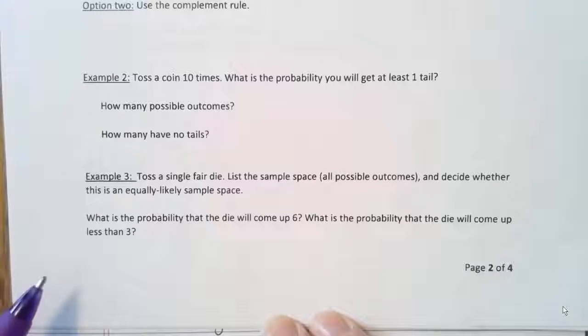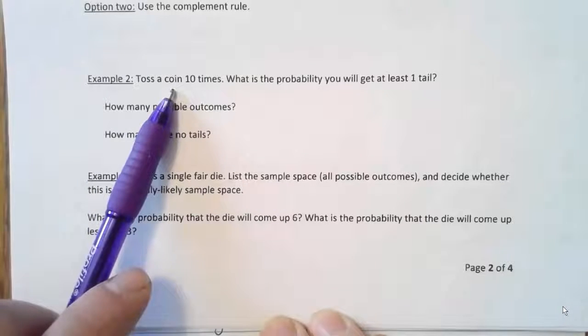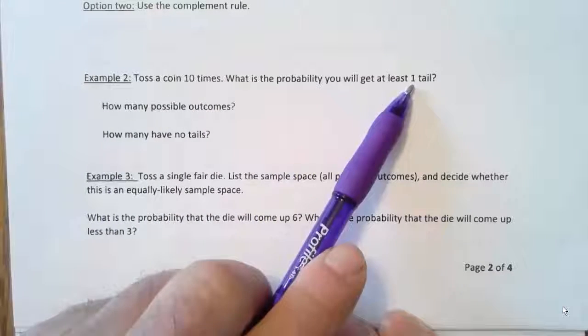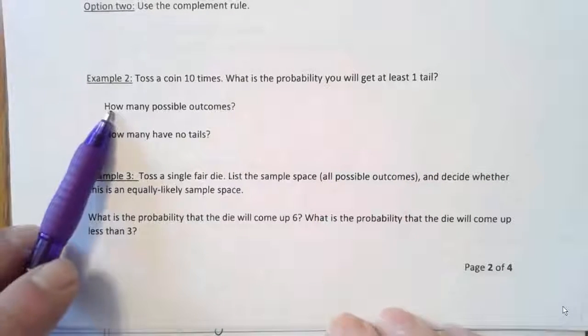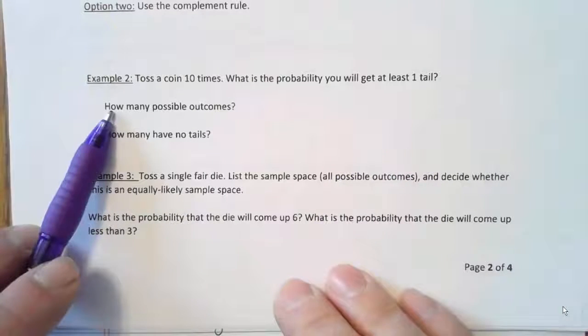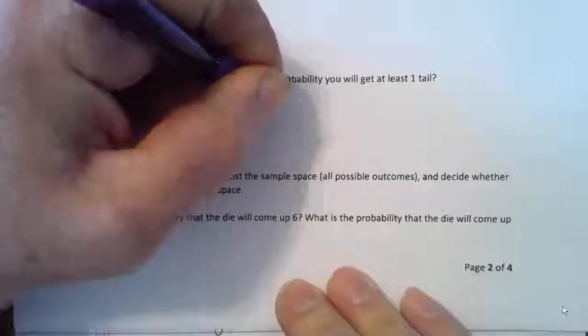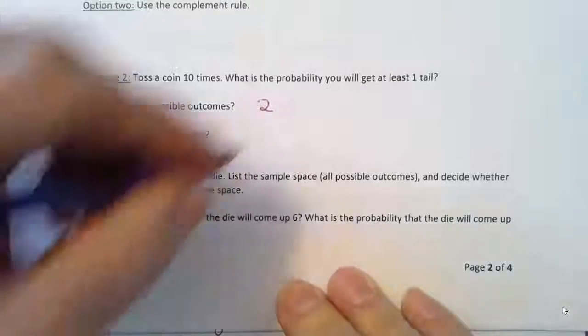We'll see the value of the complement rule if we make this problem a little bit more challenging. Suppose now we wanted to toss the coin 10 times. What is the probability that we'll get at least one tail? Well, first of all, we need to think of how many possible outcomes there are. Remember last time when we tossed the coin twice, we found that there were 4 outcomes. The reason is that the first time you toss the coin, there's 2 possibilities, a head and a tail.